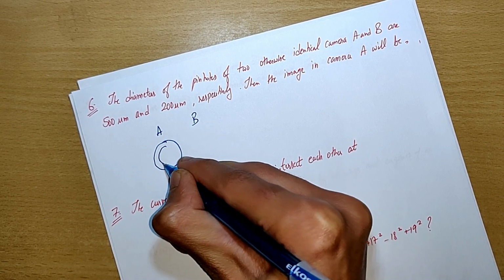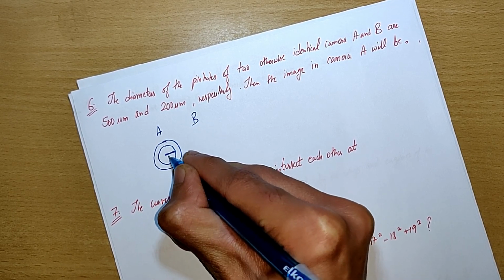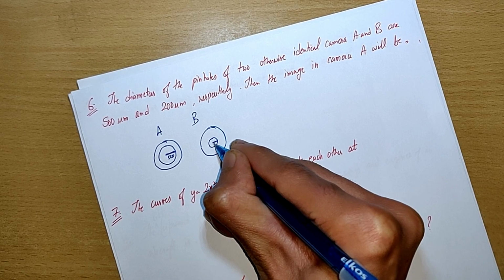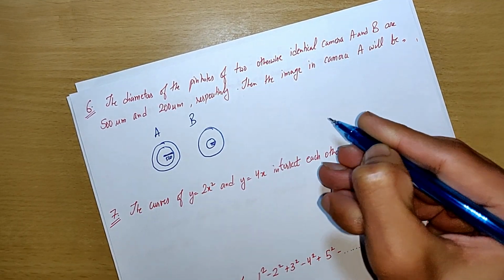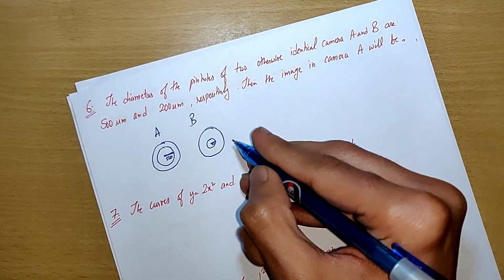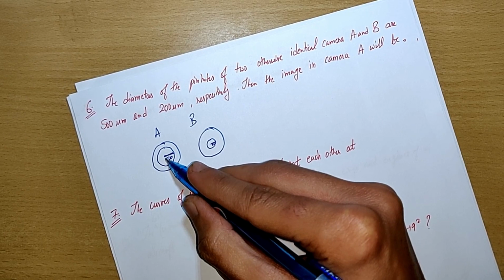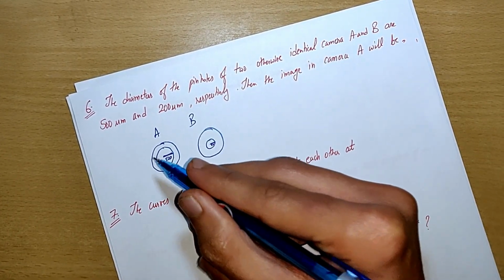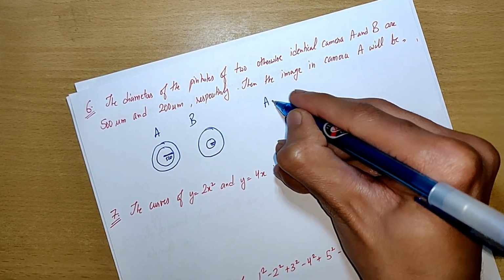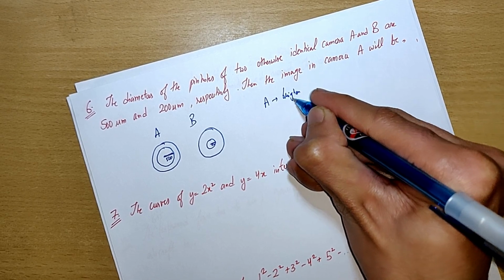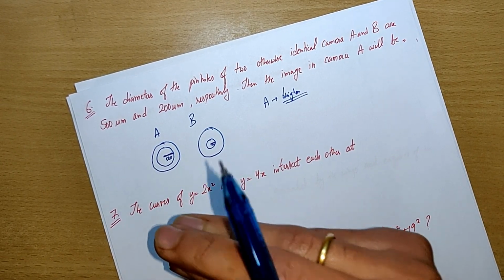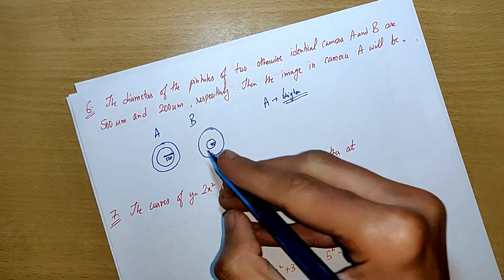A's aperture is very large, 500 micrometer, and B's aperture is small, 200 micrometer. We want to know how the image is. Since the aperture is larger, A will have more light falling onto it, so the A image will be brighter, because more light would go inside.